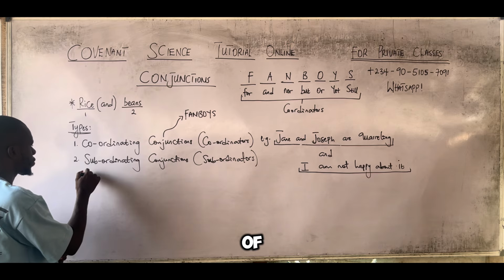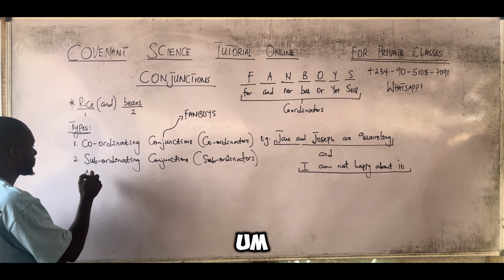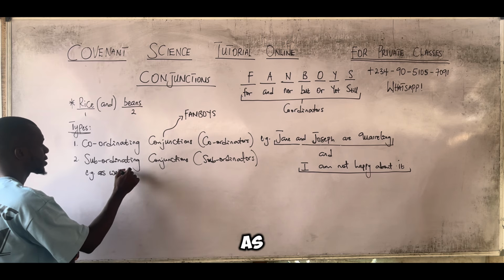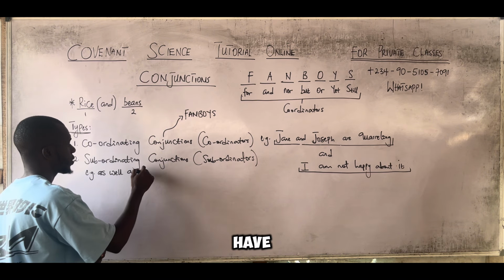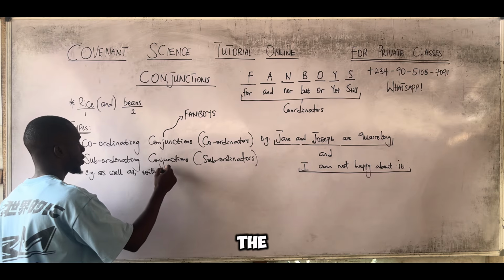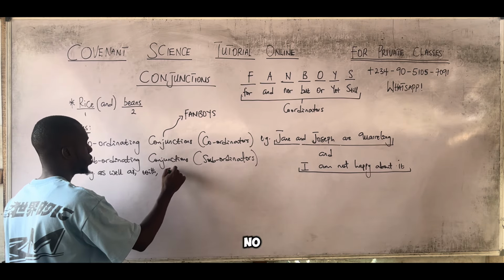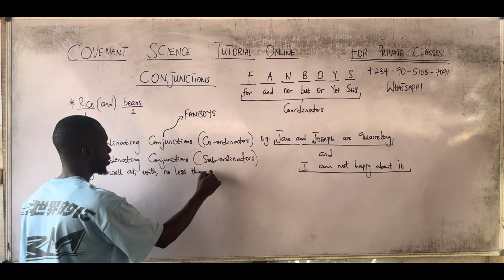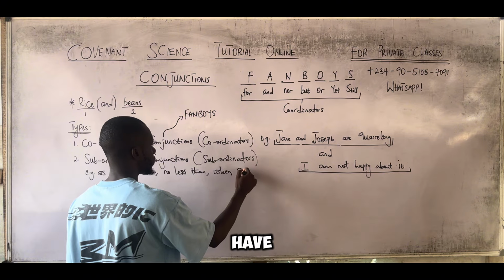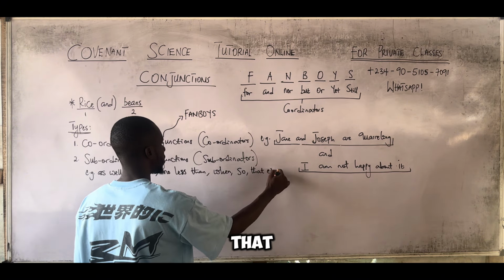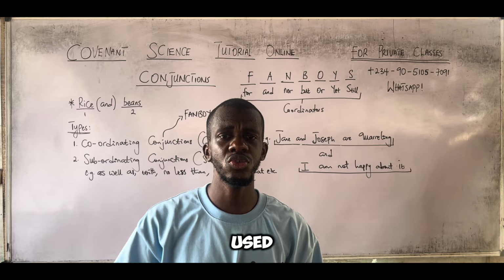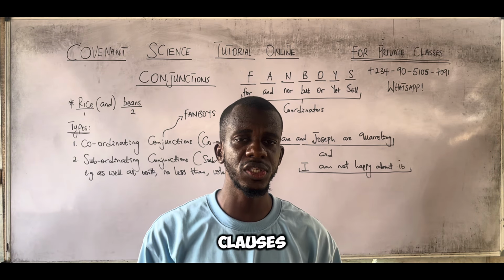Some examples of subordinators include as well as, with, no less than, when, so, that, etc. These are some of the common examples of subordinators that are used to introduce subordinate clauses.